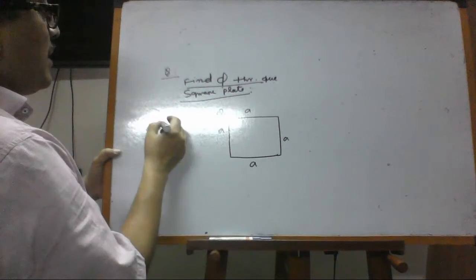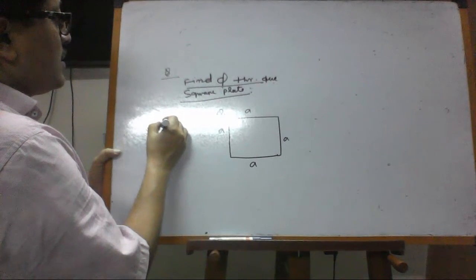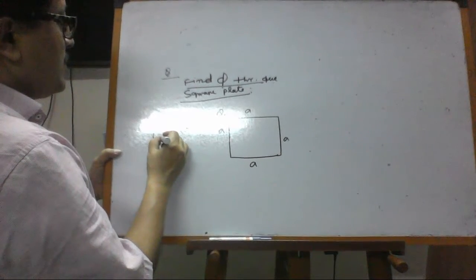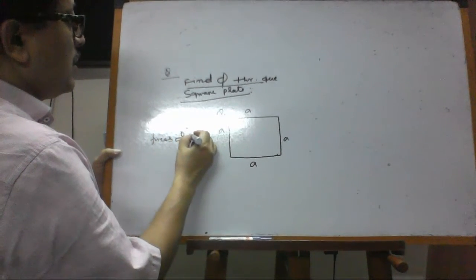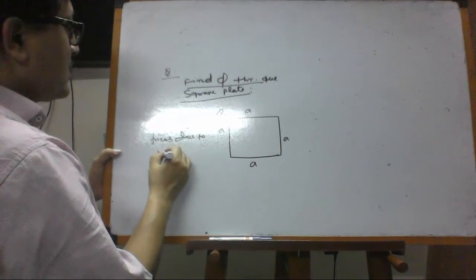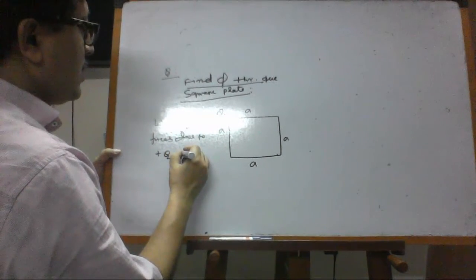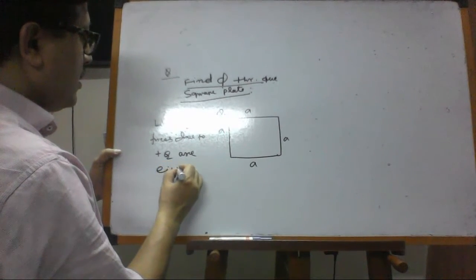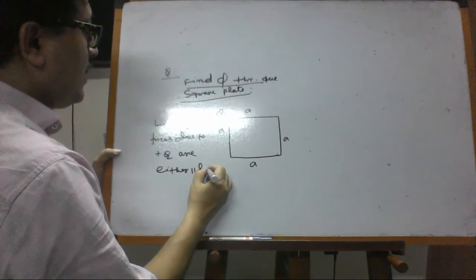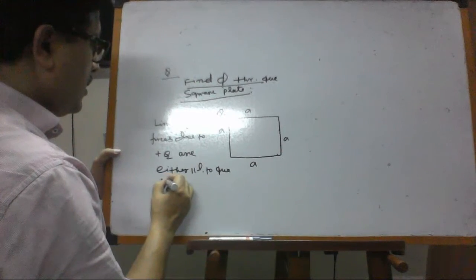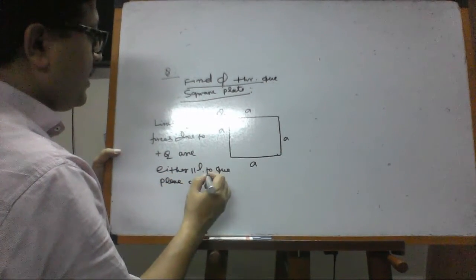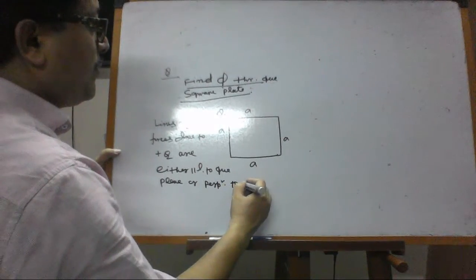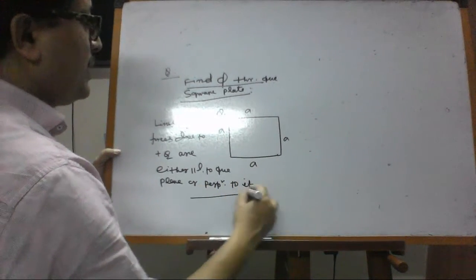So you have to answer this way: lines of forces due to plus Q are either parallel to the plane or perpendicular to it, isn't it?